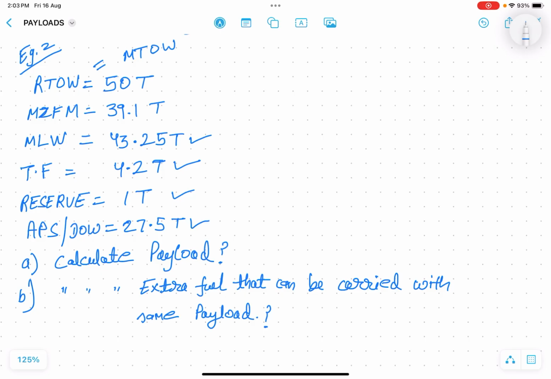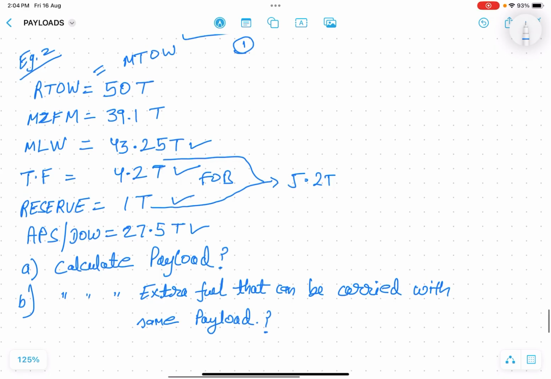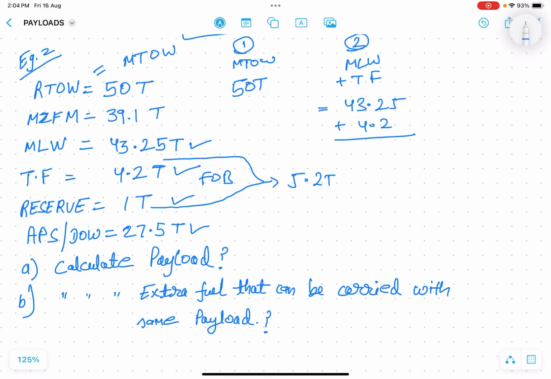So let us solve for fuel on board first. Fuel on board is trip fuel plus reserve, that is 5.2 tons. So we have to calculate the three takeoff mass first. First one is maximum takeoff weight, which is already given is 50 tons. Second is maximum landing weight plus trip fuel, it is 43.25 plus 4.2, it becomes 47.45.